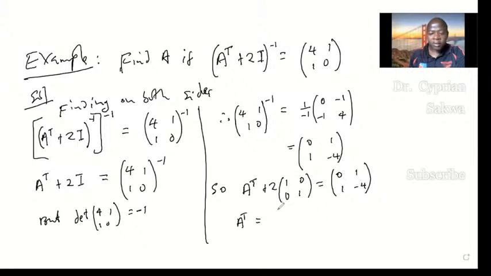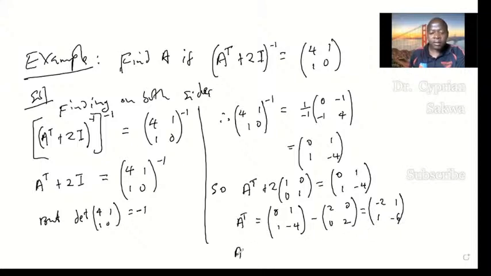So I have 0, 1, 1, negative 4, minus 2, 0, 0, 2. What does this subtraction give us? It gives negative 2, 1, 1, negative 6. So this is A transpose.